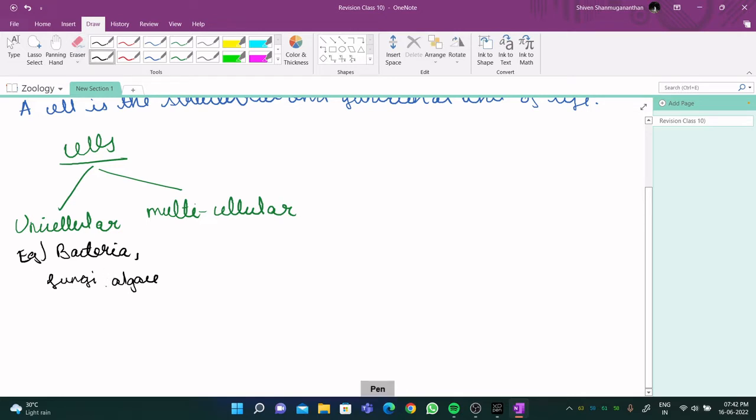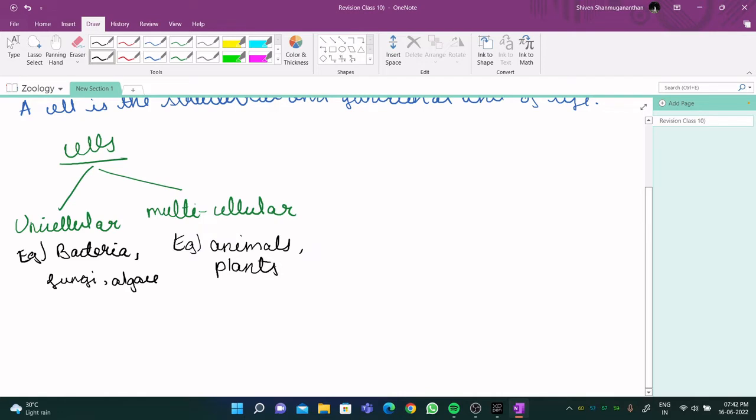And examples of multicellular organisms will be animals and plants.